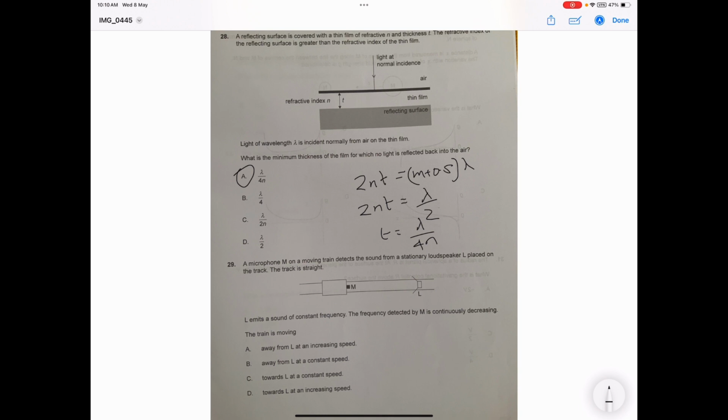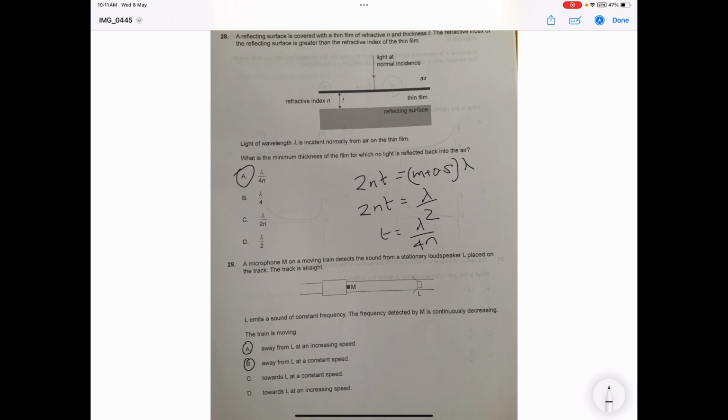So which option is it? Well, if the frequency is continuously decreasing, I think from our experience of real life, we know immediately that it's moving away from L, because we all have heard the police car coming towards us where its frequency is increasing. It's like meemaw, meemaw, and then as it goes away, it's meemaw, meemaw.